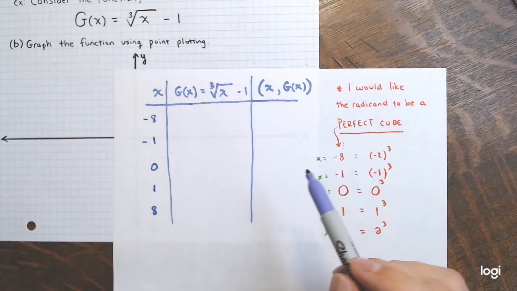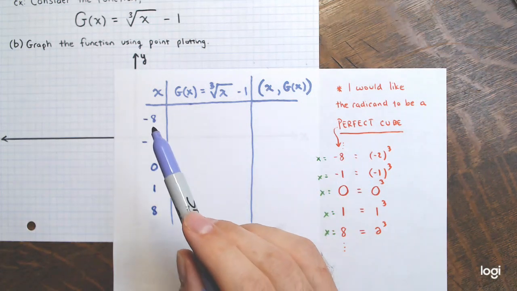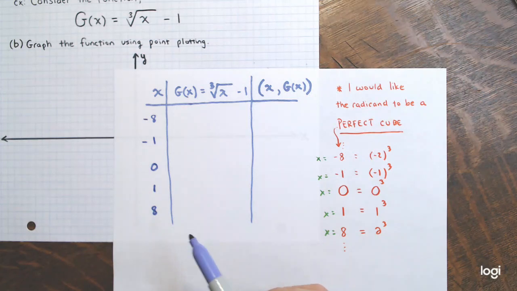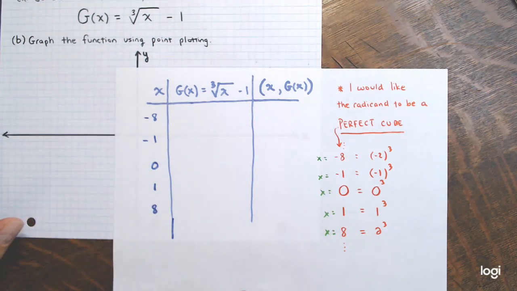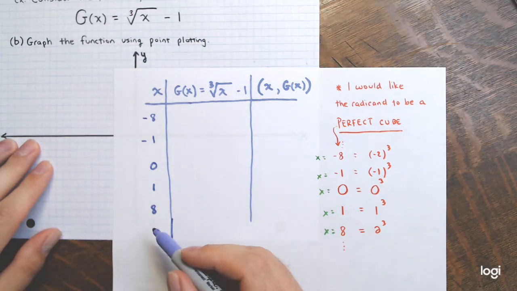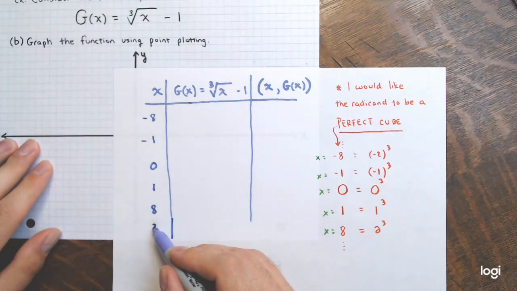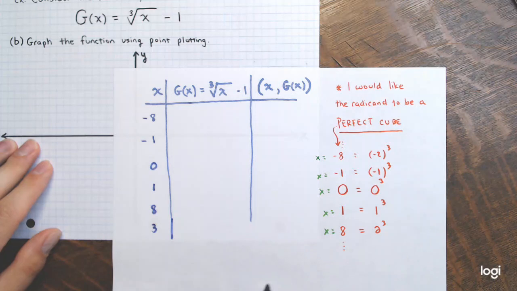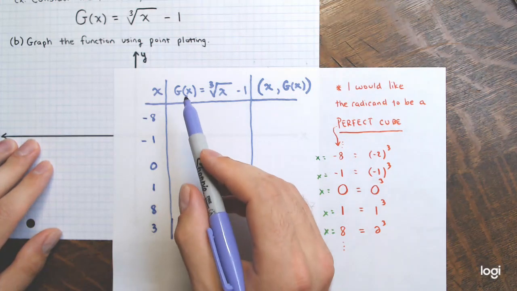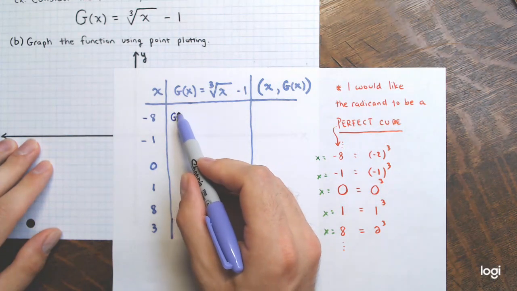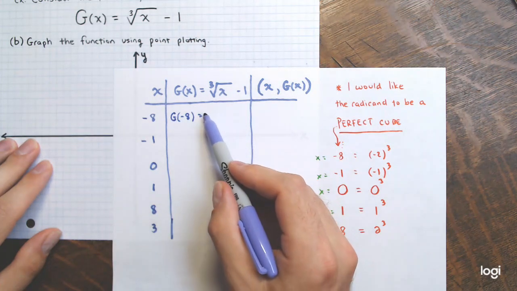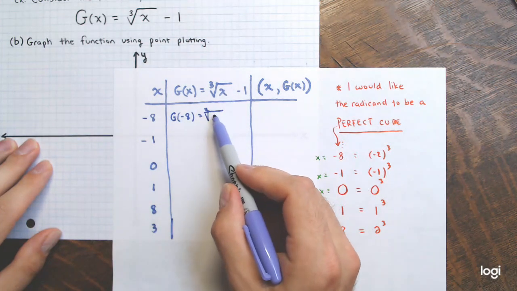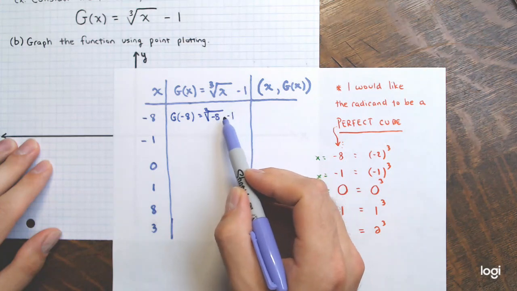Again, you can plug in more. And I don't have to plug these in. I could plug in other values. I said already, the domain is all real numbers. So I could plug in 3 if I wanted to. And I'll see what that gets me. All right, so the first one, the output would be the value of g at -8, or the cube root of -8 minus 1.